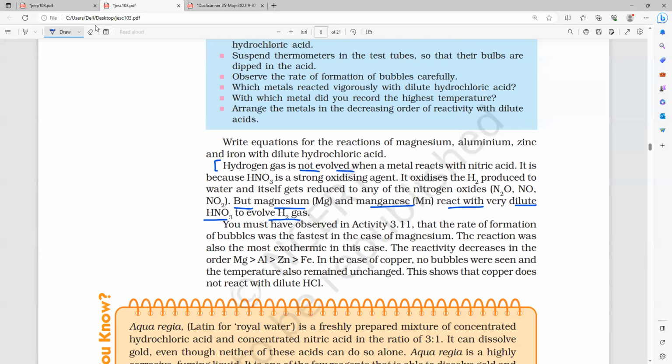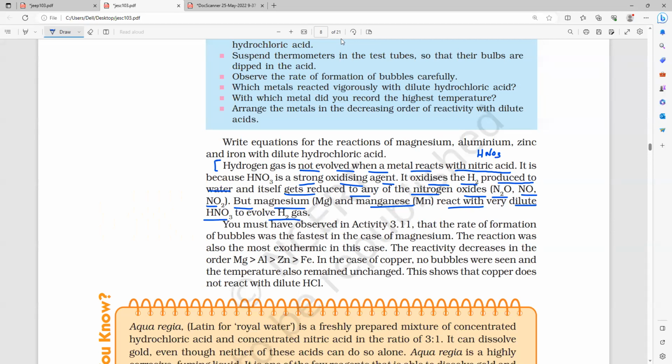Hydrogen gas is not evolved when a metal reacts with nitric acid. Even the nitric acid formula, many people, even in your batch, don't know. It is because HNO3 is a strong oxidizing agent. It oxidizes the hydrogen produced to water and itself gets reduced to other nitrogen oxides, that is N2O, NO, and NO2.